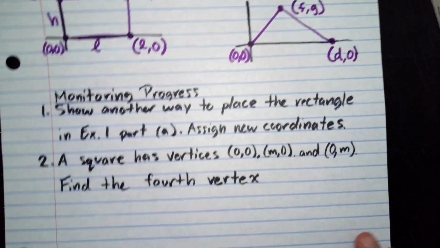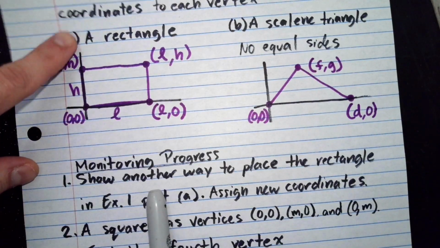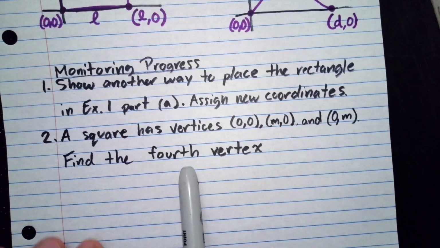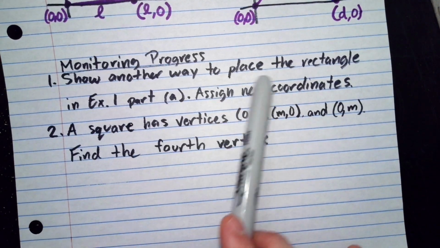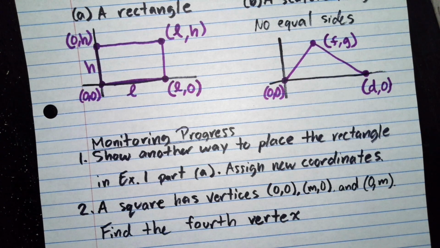Now, the monitoring progress example is very similar. In fact, number 1, we have to use the exact same rectangle. They're telling us, show another way to place the rectangle in example 1 and assign coordinates. Like I said previously, this is just one example of how I can put the rectangle in my coordinate plane.